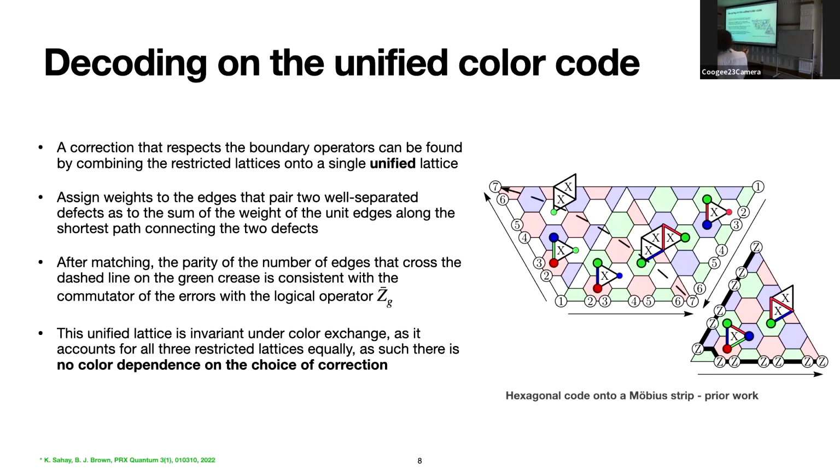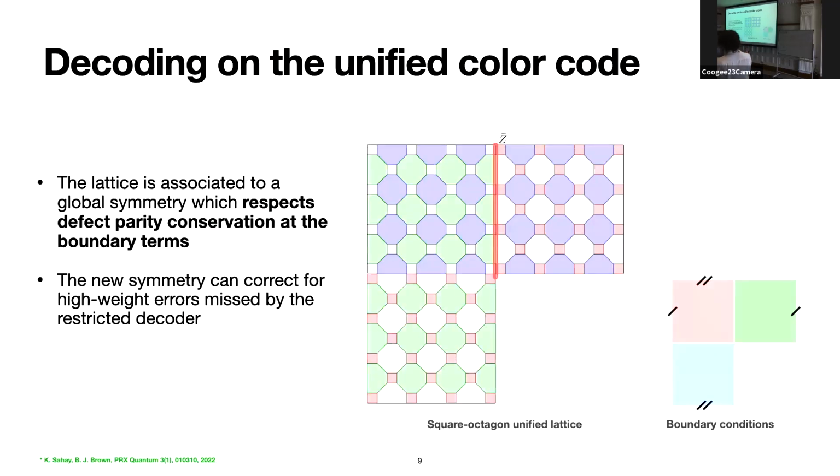This is nice because there's no color dependence when we choose, because we don't have to choose which lattice to pick the way we do with the restriction decoder, and it's invariant under color exchange. So we're looking at decoding on the unified color code on the square.